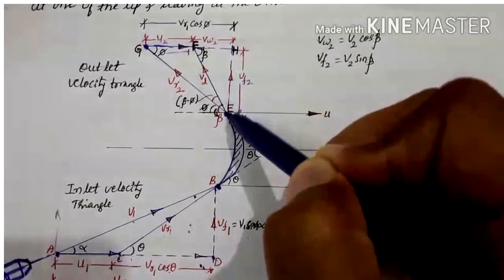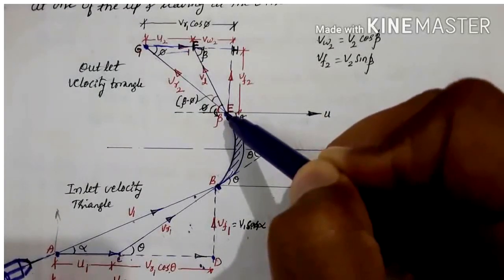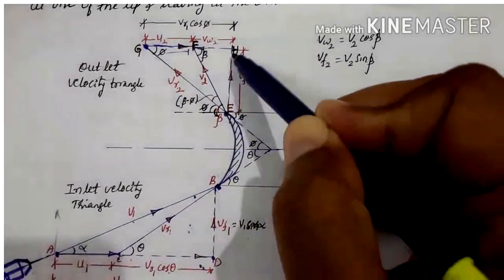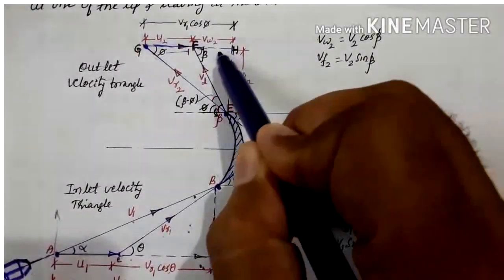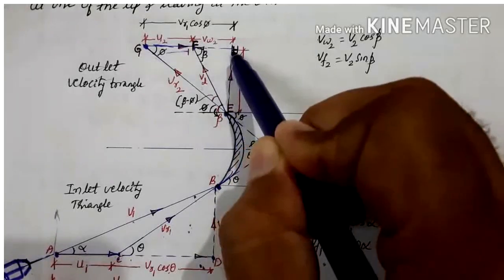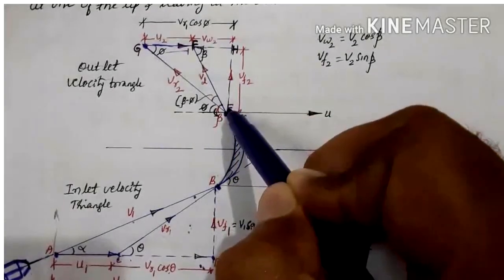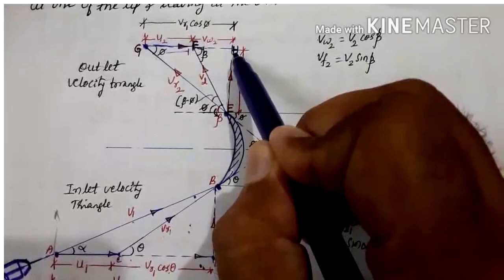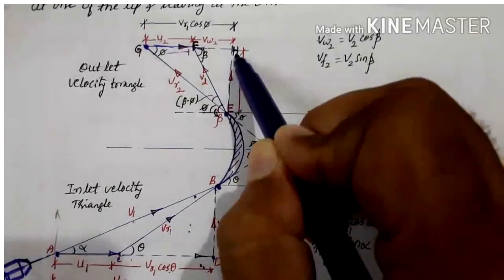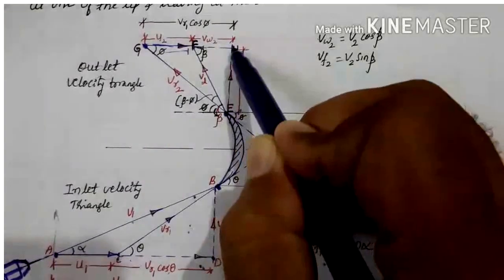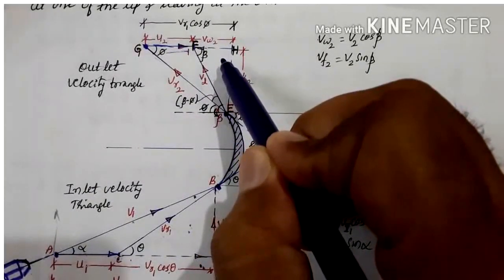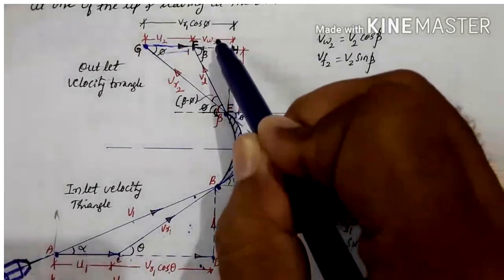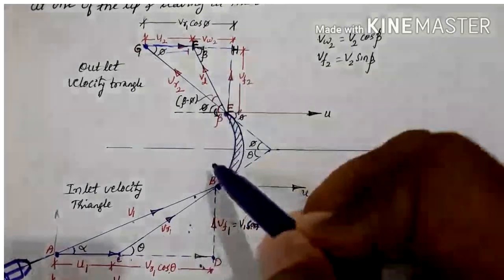You have to draw a perpendicular line from E to meet the line GF, extending this line, produced at H. Then EH and FH represent the velocity of flow, that is VF2, and the velocity of whirl at outlet respectively.